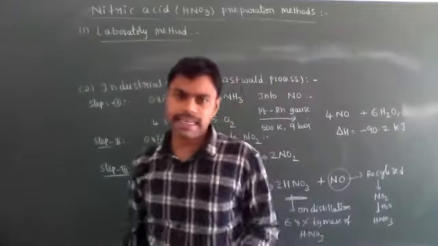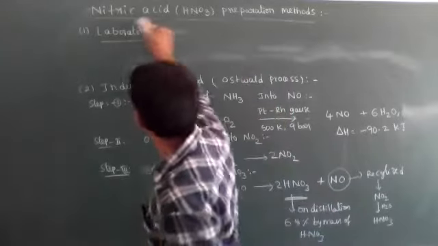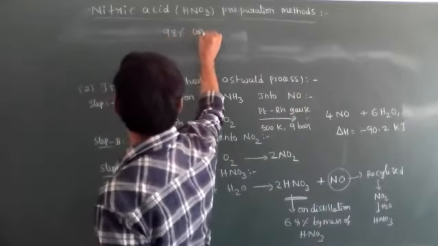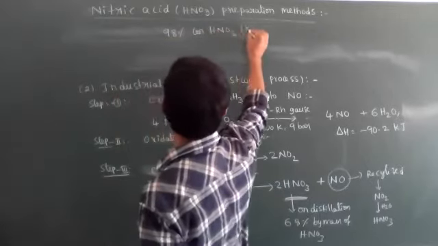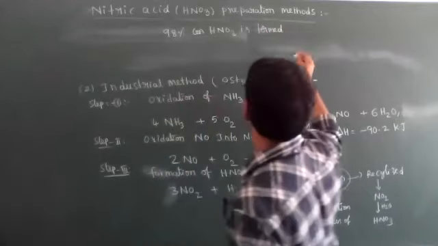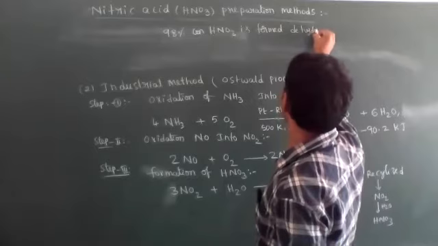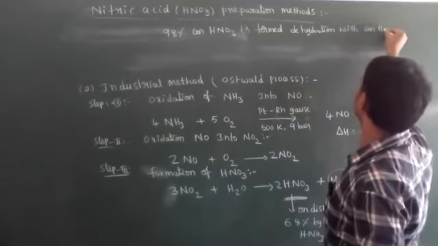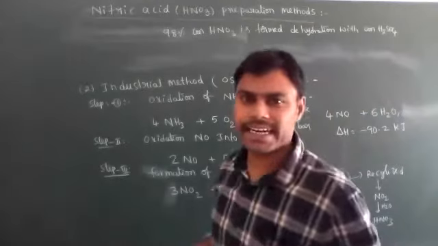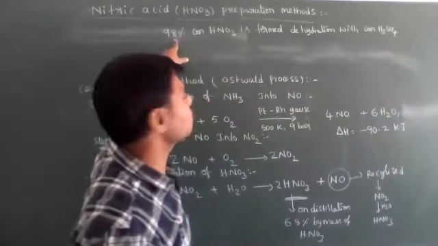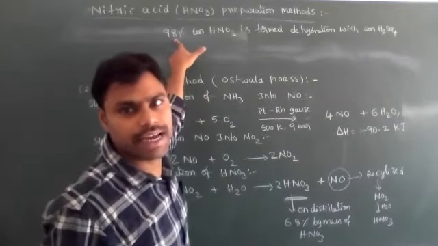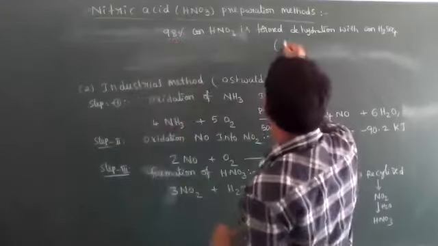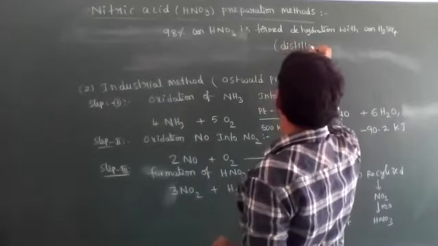And further, for getting 98% concentration, HNO3 is formed by dehydration with concentrated H2SO4, because concentrated H2SO4 acts as a dehydrating agent, and the 68% is converted into 98% concentrated HNO3.